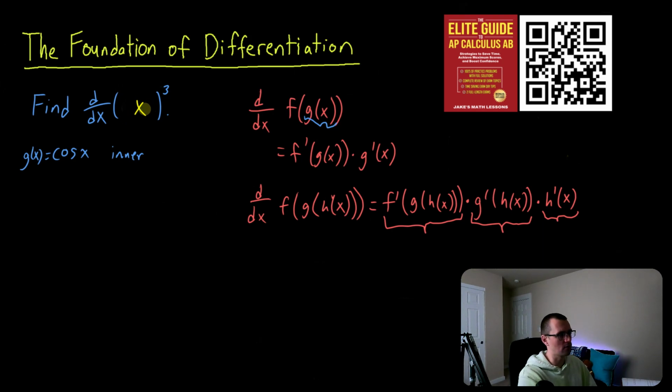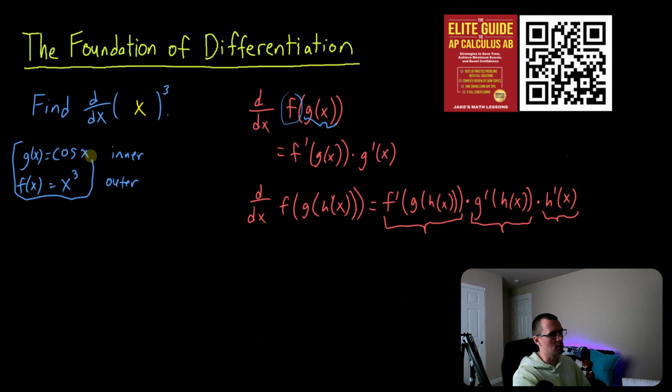So now our outer function is x cubed, which, if we compare this to our formula, is f of x. Once you've broken down your inner function and your outer function, you can then just apply the formula.